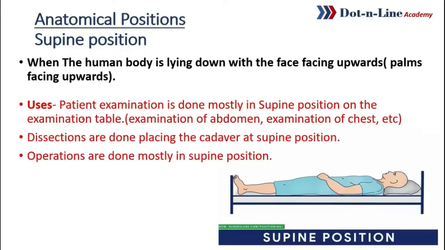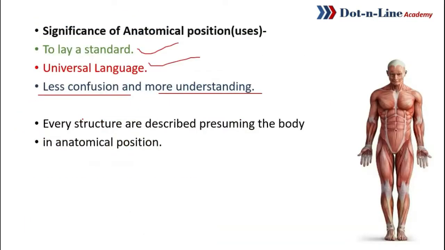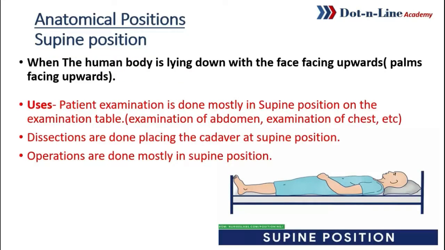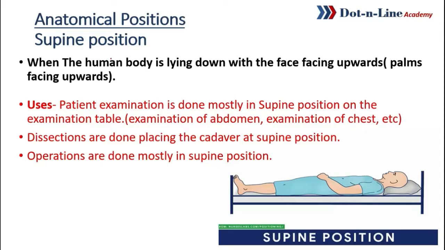There are different anatomical positions. There are three major anatomical positions. This is the standard anatomical position. The others are not standard, but they are positions that a physician or doctor uses to do different procedures and different examinations. First, the supine position.